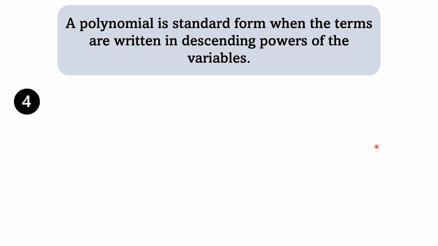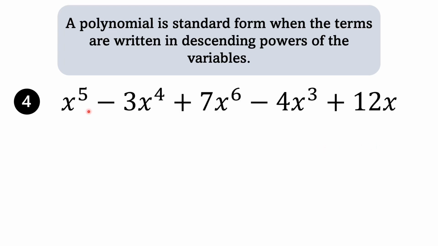Another one: x raised to 5 minus 3x raised to 4 plus 7x raised to 6 minus 4x cubed plus 12x. So the highest power of x is 6, so the leading term is 7x raised to 6. So let us write that.